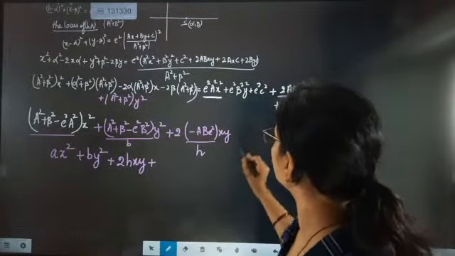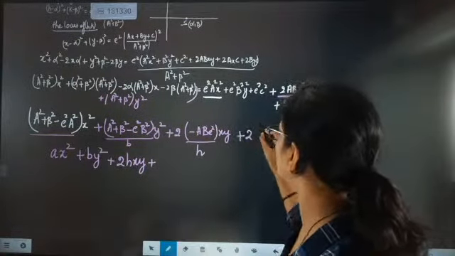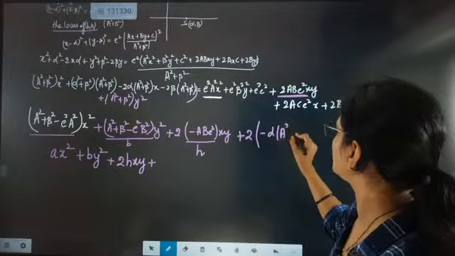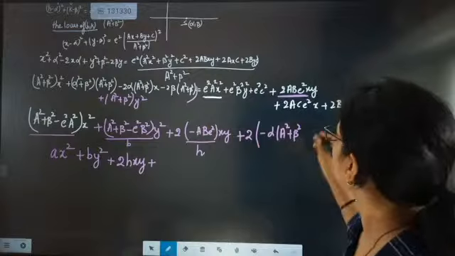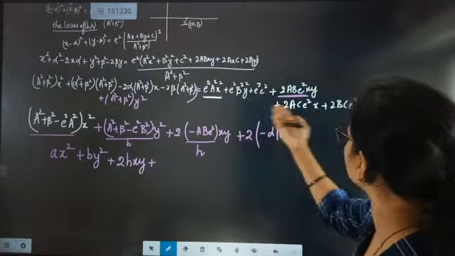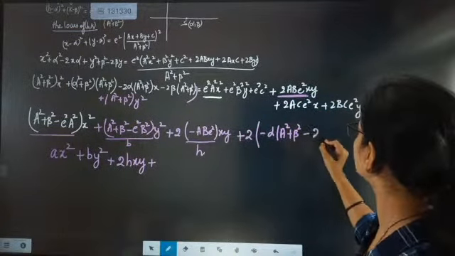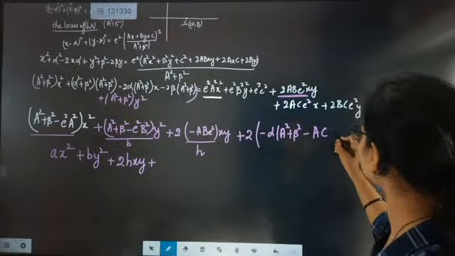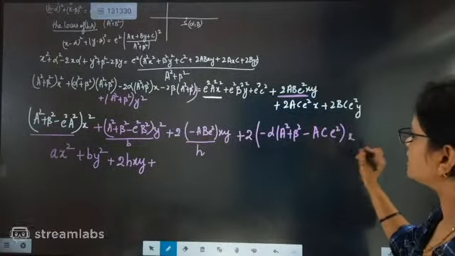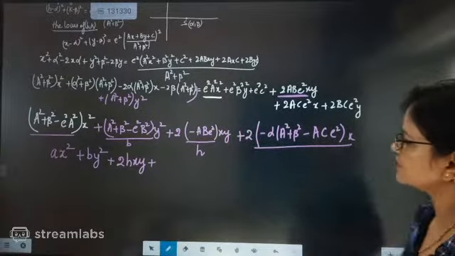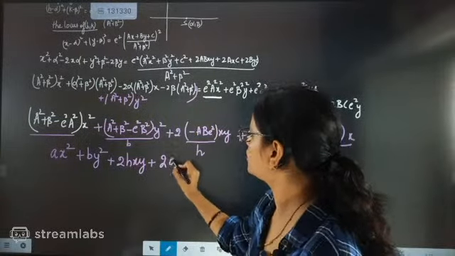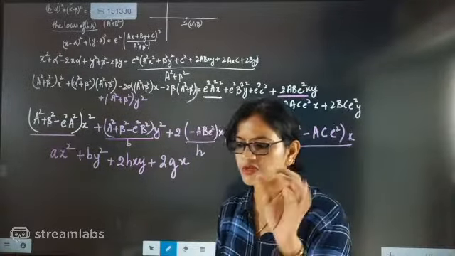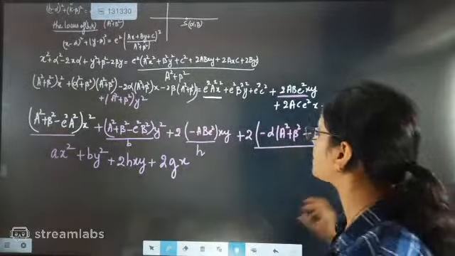So now what we are going to do is, we will be writing 2 taking out x part. So here it is going to be minus alpha a square plus b square, and then from here x we are going to take out, there it will become minus 2 I have taken out, so it will become ac e square, x is there, so this part will become g, 2gx. Okay, so final substitution of the values we are exactly doing.